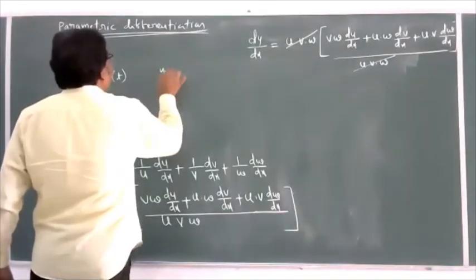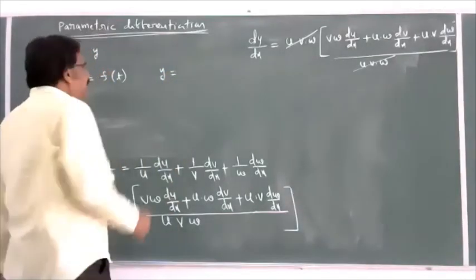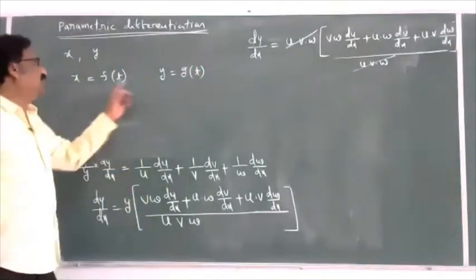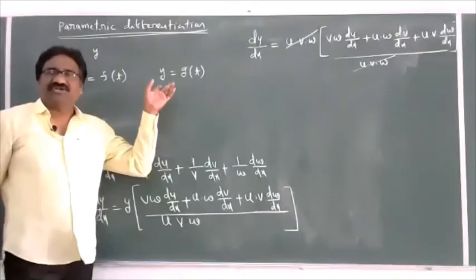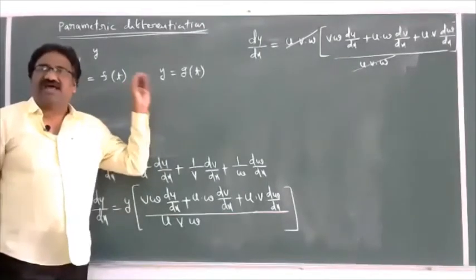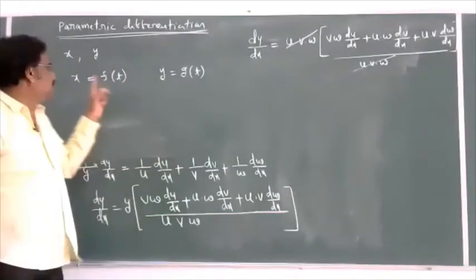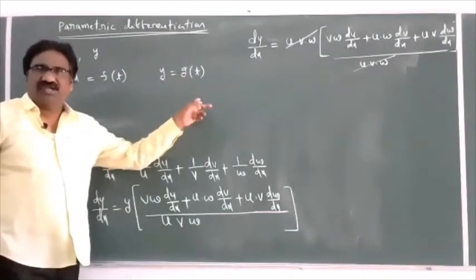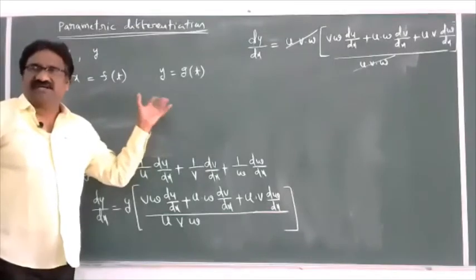And y is a function in terms of another variable t, that is y is equal to g of t. So this is called parametric functions.